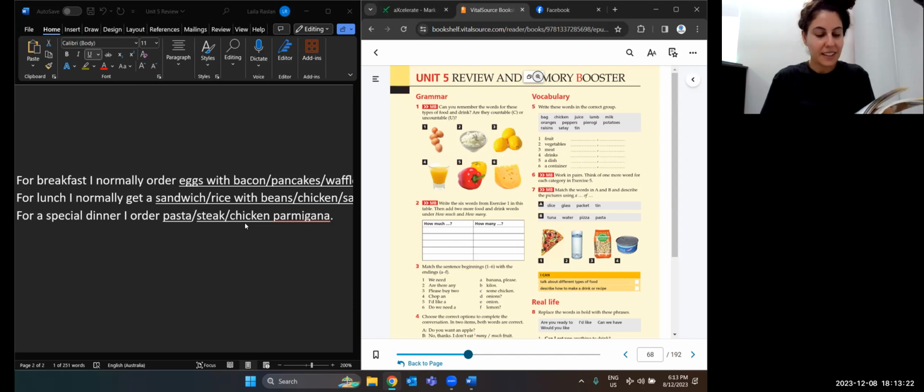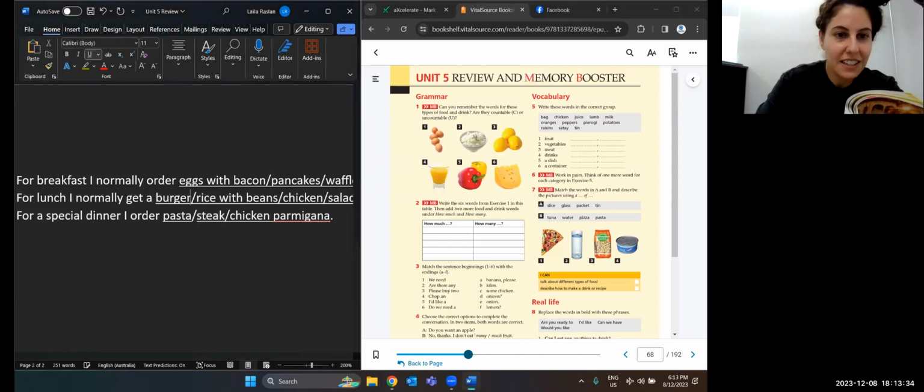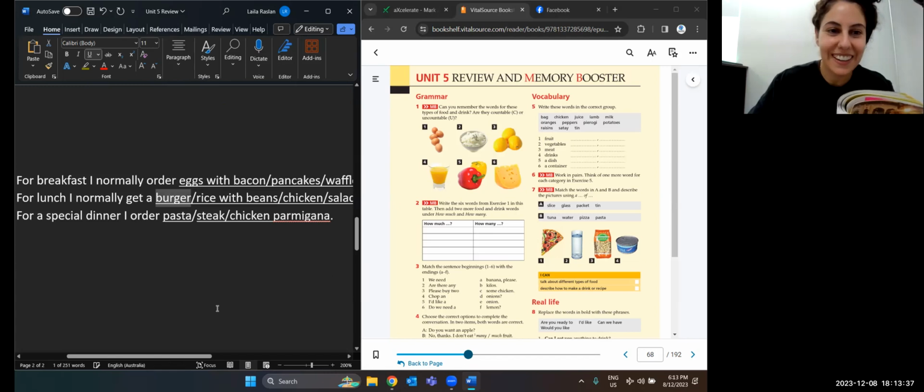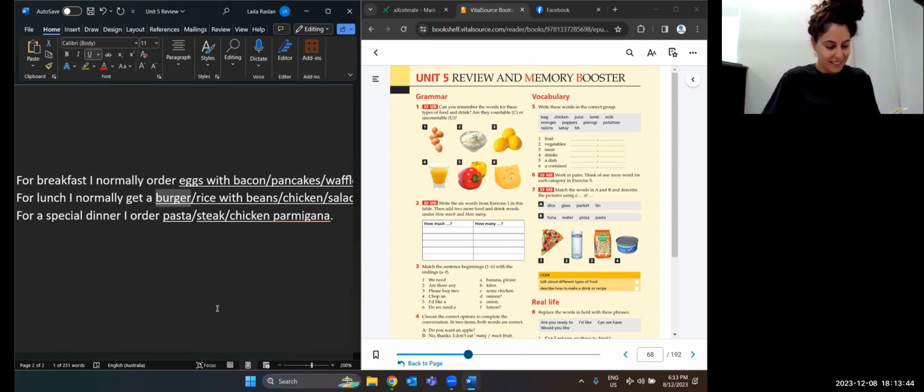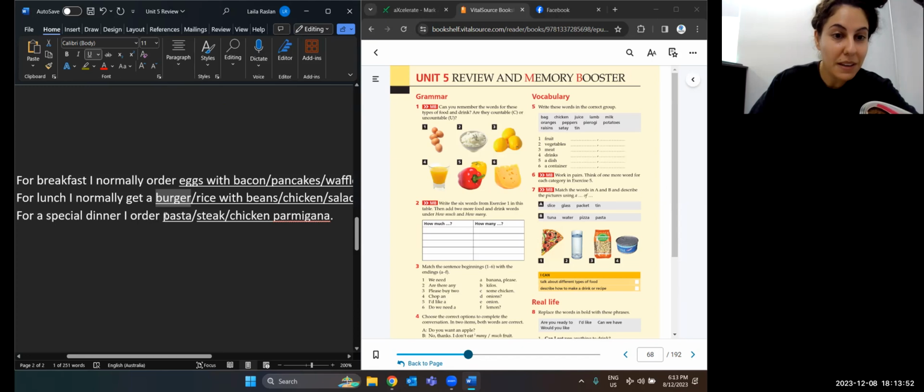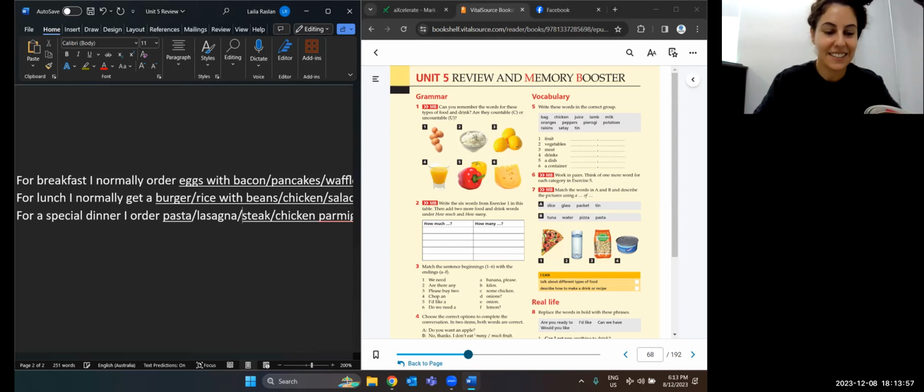And we had spaghetti bolognese, seafood pizza, steak and fries, burger, a meat burger, chicken burger, fish burger, vegetarian burger. Lasagna, yes. Yeah, good. For lunch, or maybe lasagna for a special dinner.